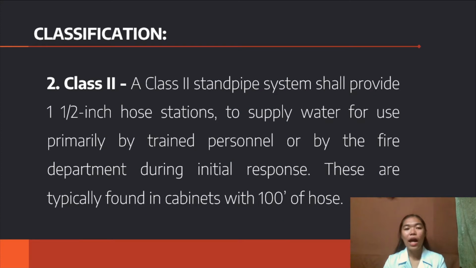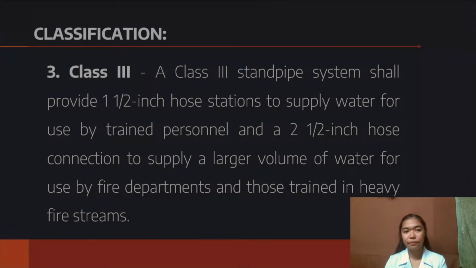Class 2. A Class 2 standpipe system shall provide 1.5-inch hose stations to supply water for use primarily by trained personnel or by the fire department during initial response. These are typically found in cabinets with 100 feet of hose.